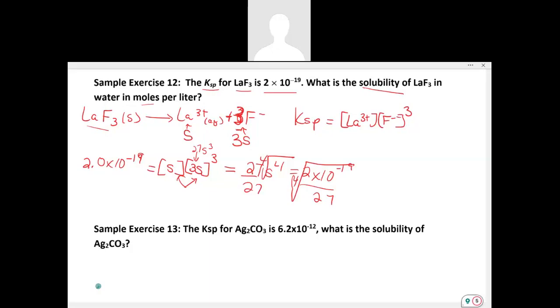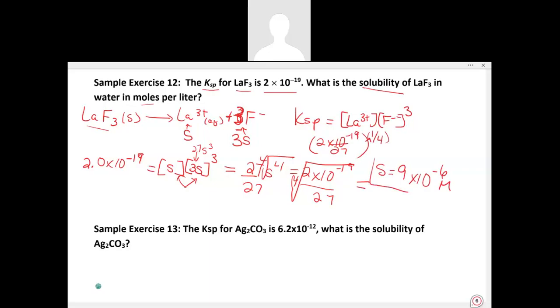A way to do this, if you're not sure how to enter the 4th root, you can put your 2 times 10 to the negative 19th over 27 and raise that to the 1 divided by 4 power. But you have to type in 1 and then divide by 4 to do it this way. Either way, you should get this value: S is going to be equal to 9 times 10 to the negative 6 molar.